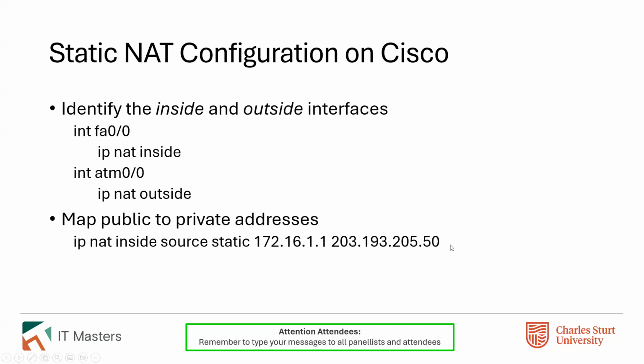Now that one command on its own essentially means that with these other commands in place, any connections to this IP 203.193.205.50 from the public internet will be translated straight through to this internal host.